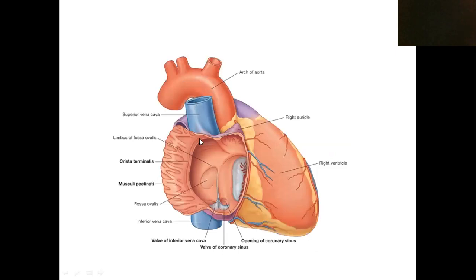The opening of the superior vena cava comes here, and the inferior vena cava opening comes here, guarded by the valve of the inferior vena cava.